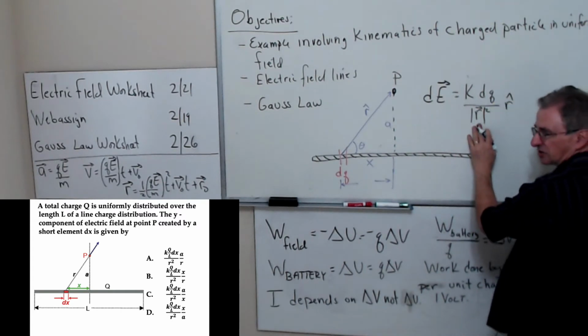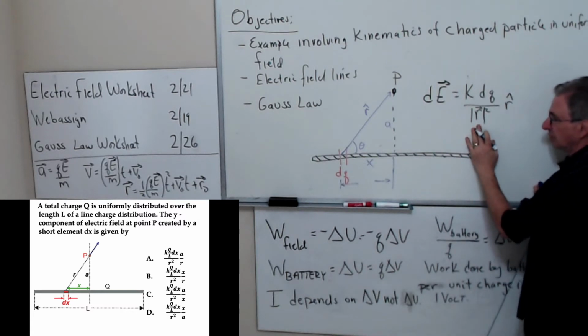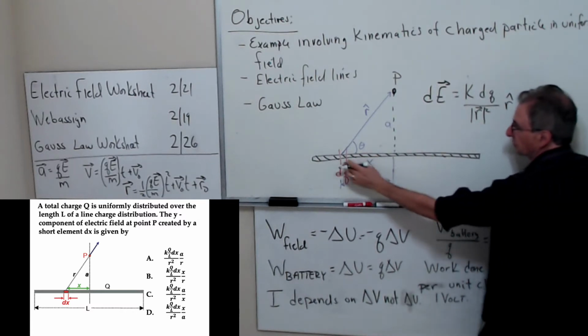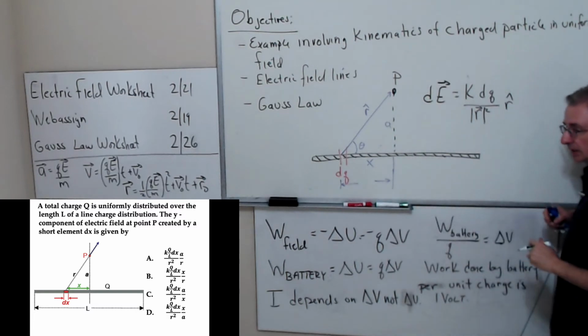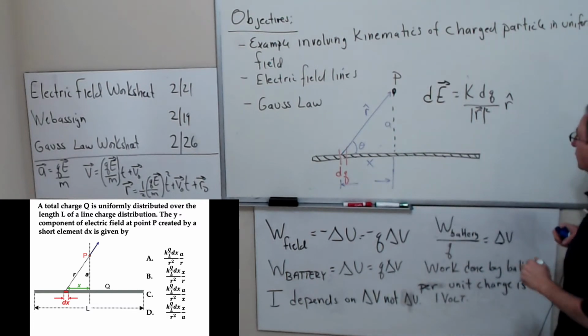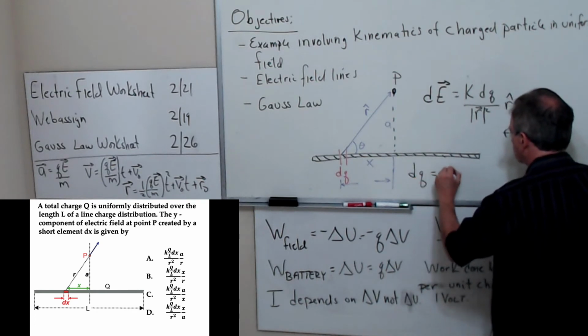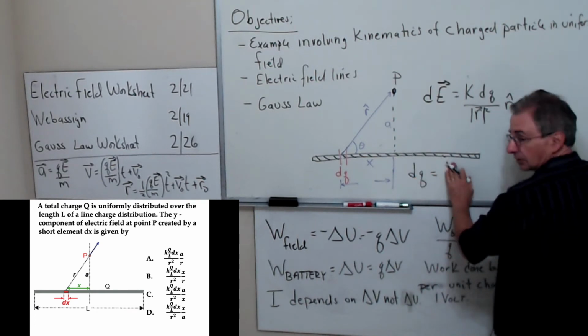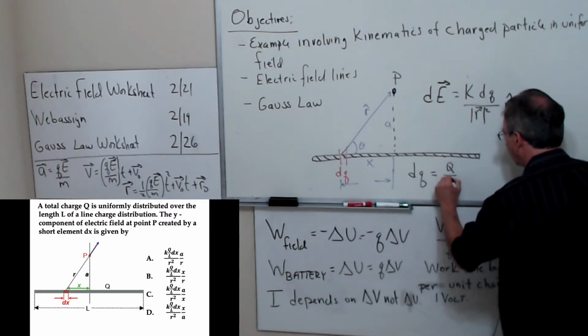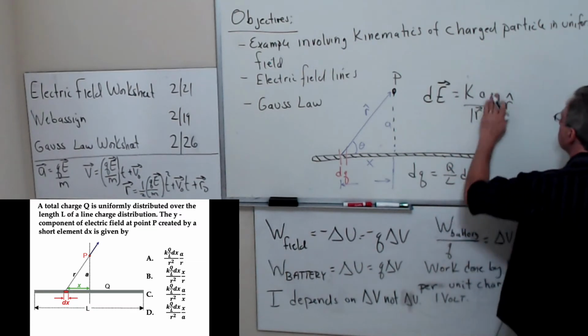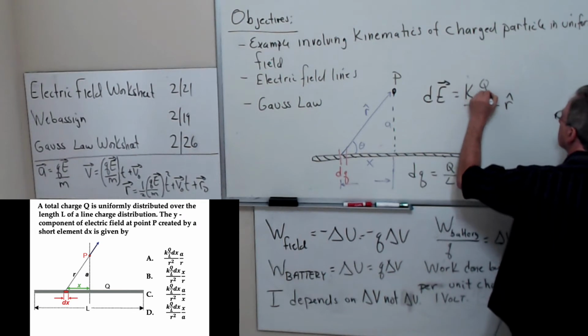And I write r squared this way because it's really the magnitude of the vector that points from the source of the field to the point at which you're calculating the field. So this is a uniform charge distribution, so dq is basically q over L dx. So I'm going to put q over L dx here.